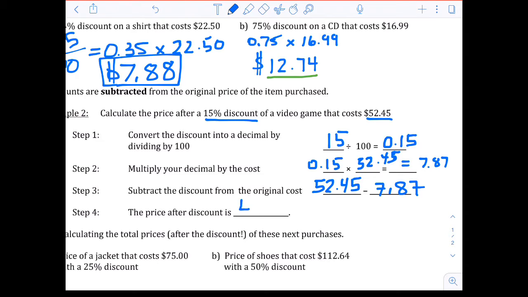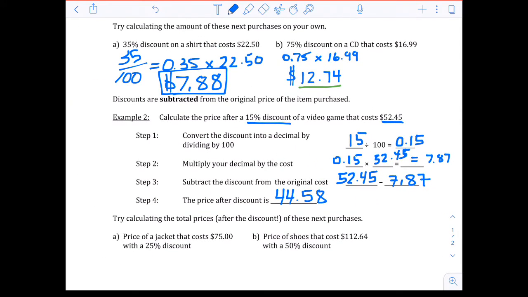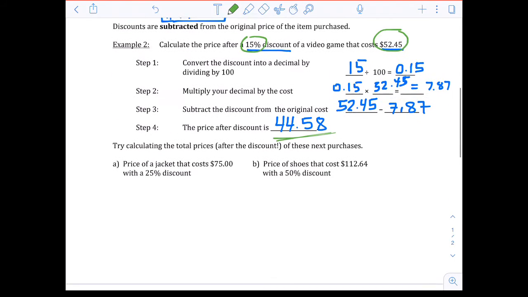And we found out the new price is $44.58 for our new item. So it was originally $52.45. We had a discount of 15% and we found out our new price is $44.58.